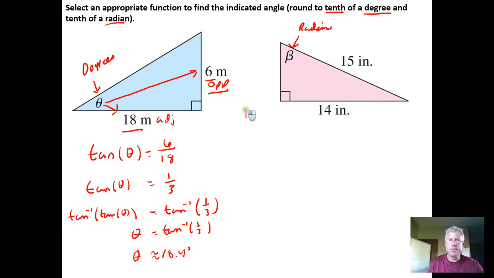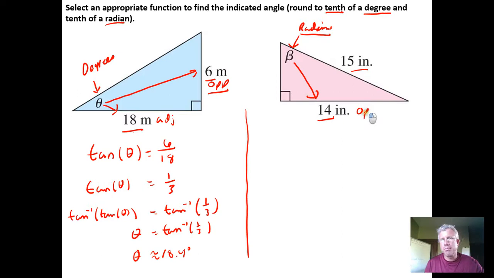So this is approximately 18.4 degrees. On this triangle, we're going to find beta in radians. We have two sides, and what I want to recognize is that this side is opposite beta, and this side length is the hypotenuse. So I have opposite and hypotenuse. That's going to lend itself naturally to the sine function, because the sine of an angle beta is going to equal the side opposite beta divided by the hypotenuse.